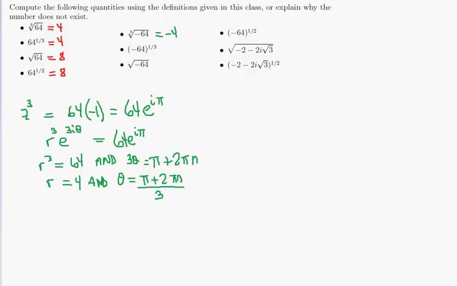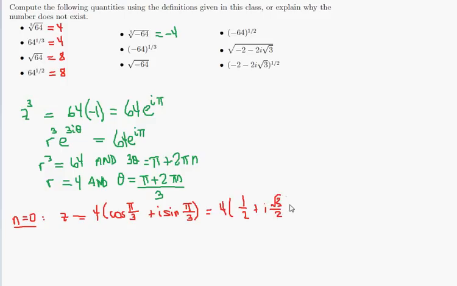So if n equals 0, that means that z is equal to 4 times the cosine of pi over 3 plus i sine pi over 3, which is 4 times a half plus i square root of 3 over 2, which is 2 plus 2i square root of 3.